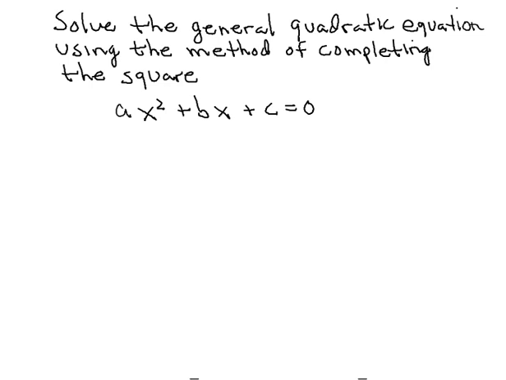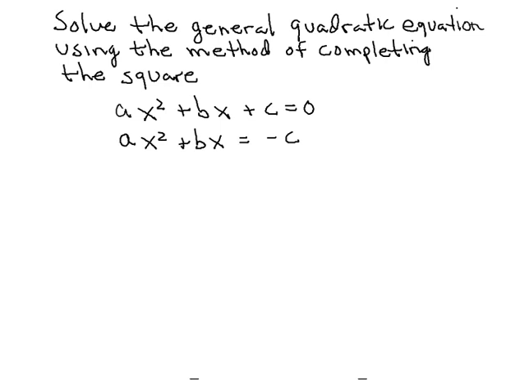So let's begin. You'll know that the first thing we need to do is to take the constant term to the other side. So we'll have our first step here, ax squared plus bx is equal to negative c, because we want to isolate the x squared and the x term.